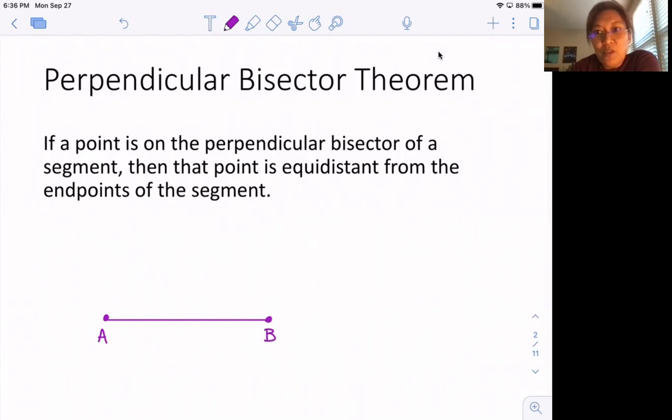It is labeled because we do need to label the endpoints. We are going to call this line segment AB. So this is its name. This is its picture, and those are the labels.